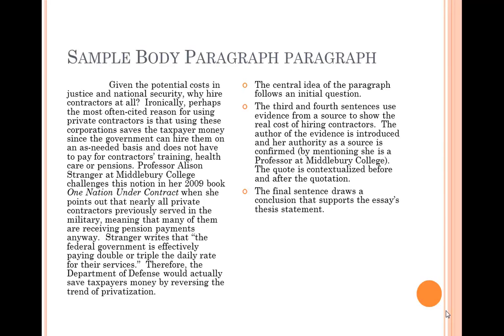And then the quote is contextualized both before and after the quotation. Then the final sentence: therefore, the Department of Defense would actually save taxpayers money by reversing the trend of privatization. The final sentence draws a conclusion that supports the essay's thesis statement.